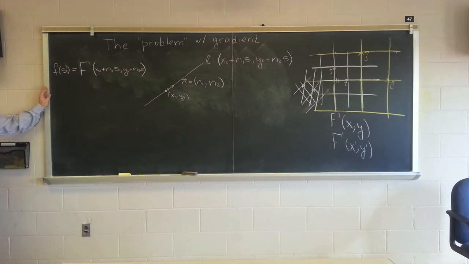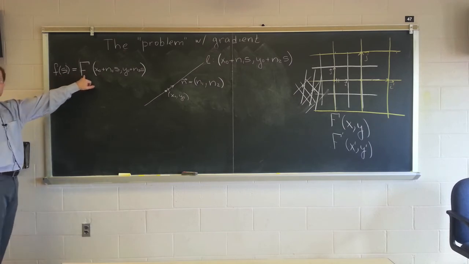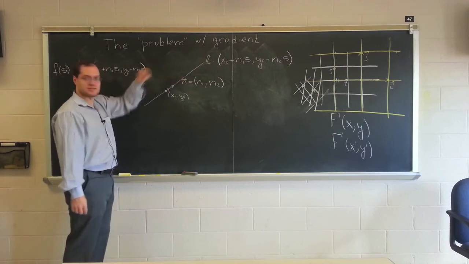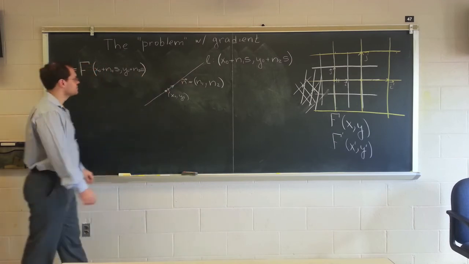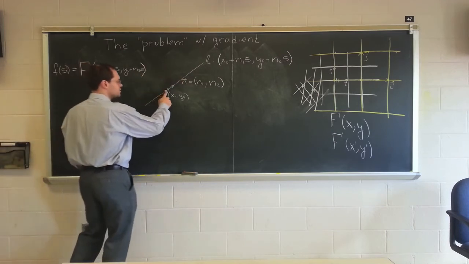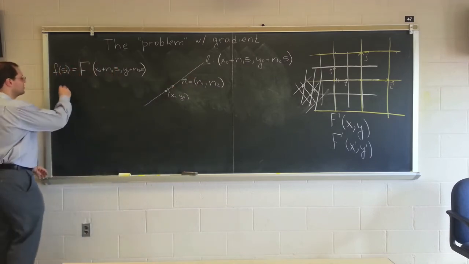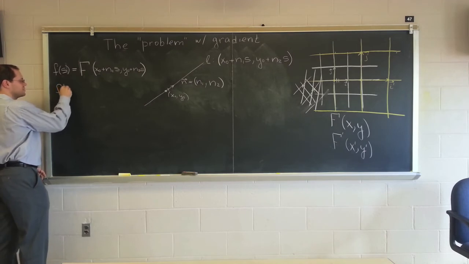The directional derivative would then simply be df/ds, because that's the rate of change of this function in this direction, characterized by the distance. So the directional derivative in this direction equals simply f prime of s.